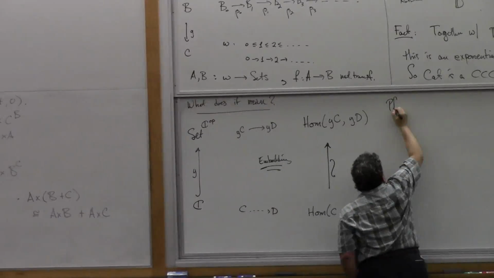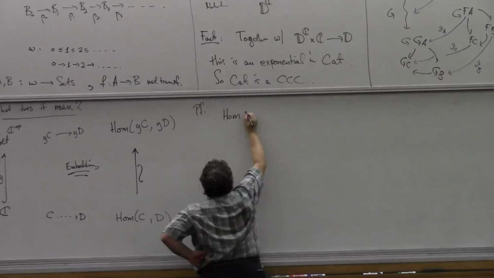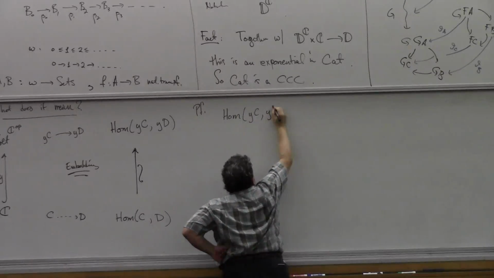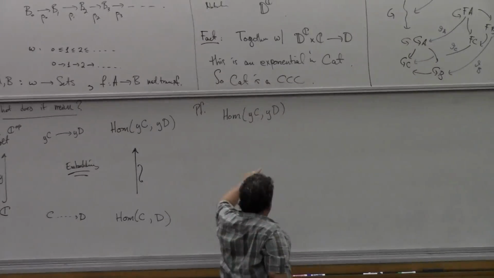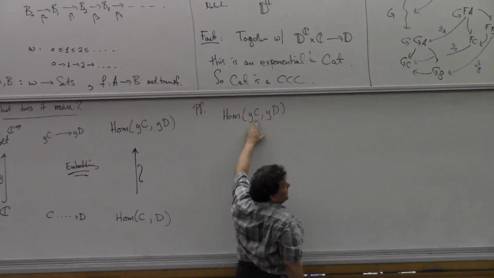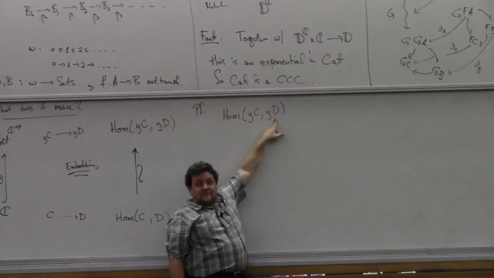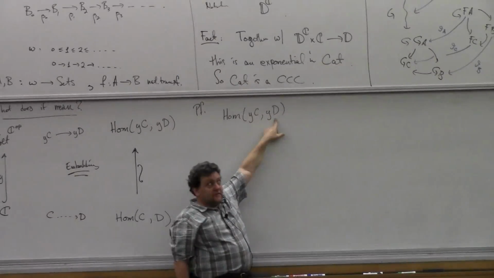Here's the proof. Let's consider Hom(yC, yD). Well, this has the form Hom(yC, F) for yD being F. Take F to be yD.